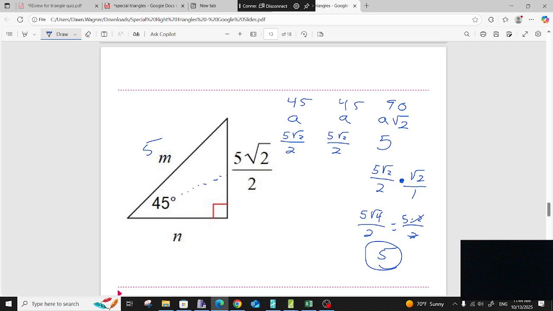Now, somebody is lucky. Who borrowed my other calculator, not those blue calculators? Who's the lucky one who has my other calculator? Okay, show that. Those do the radicals for you. If you have one of those calculators, you don't have to do all this by hand. You could actually put in 4 square root 2 divided by 2, multiply it by square root of 2, and it does it for you automatically.